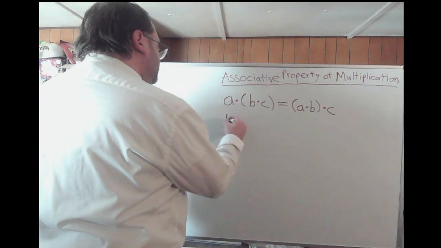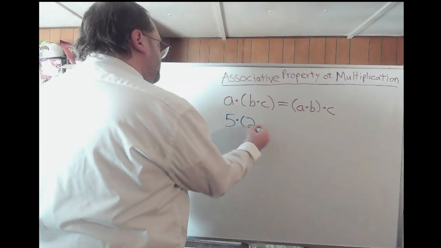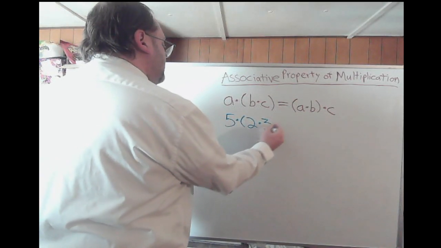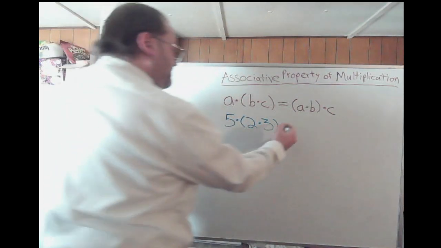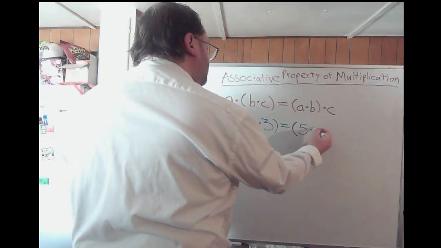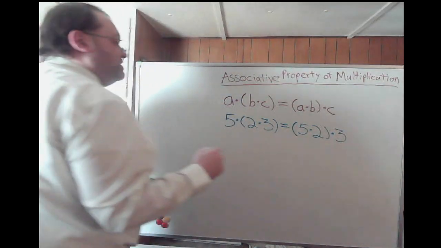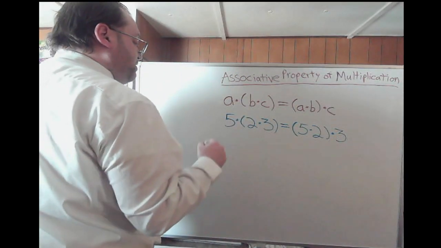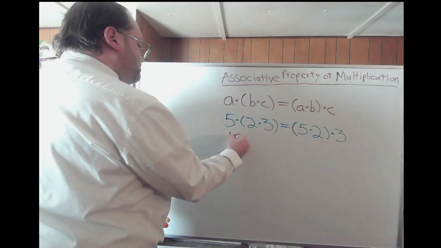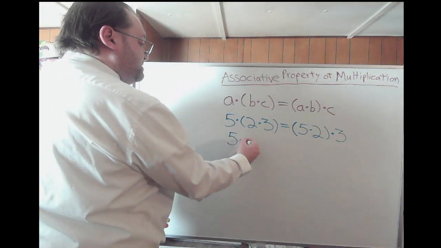So let's say, for example, we have 5 times, in parentheses, 2 times 3. Well, we're going to prove that that's equal to, in parentheses, 5 times 2 times, outside the parentheses, 3. So on the left-hand side, we'll do 5 times, what is in parentheses? 2 times 3 is 6.